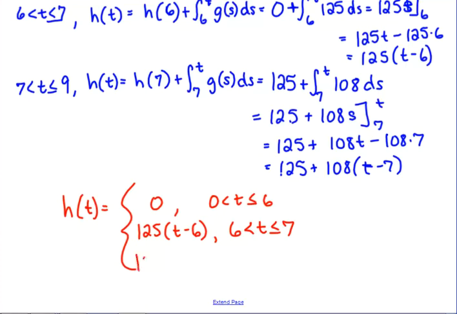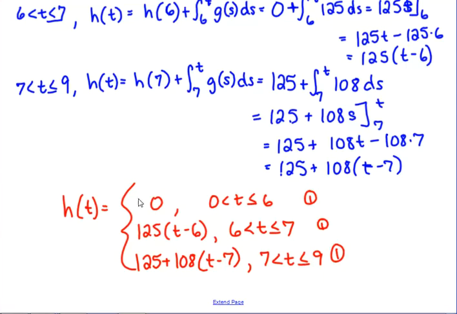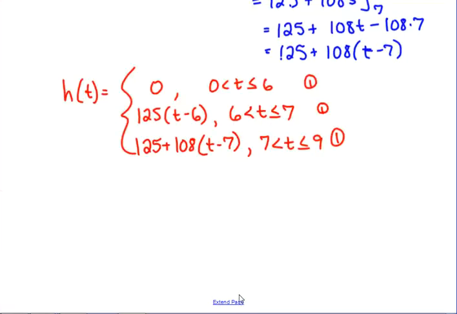And then it was 125 plus 108 times t minus 7 when it's between 7 and 9. So they give you 1 point for each of those. 1, 1, and 1. So we are up to 6 points now. That leaves us with 3 points for the last part.